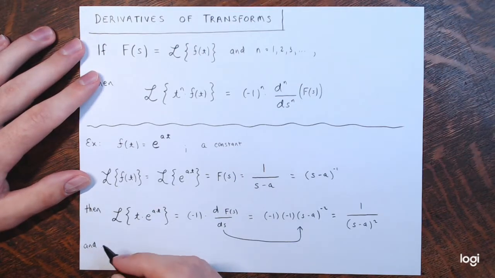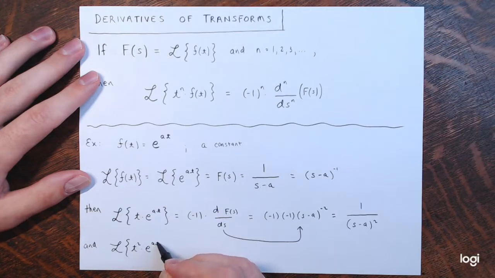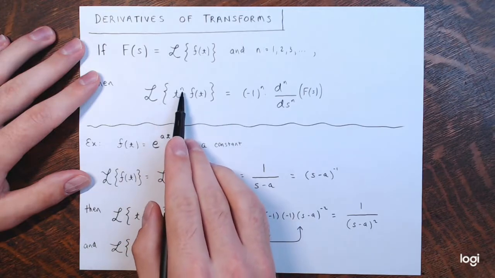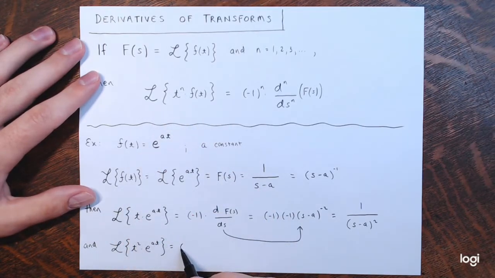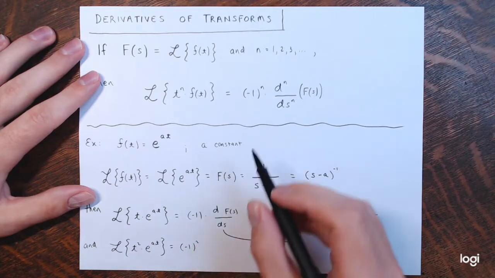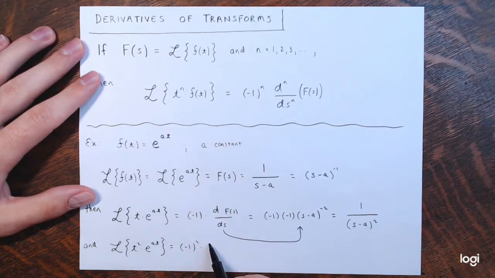I could keep going with this, the Laplace transform of this function, say t squared times e to the at. Again, according to the rule, the value of n is 2 here. This would be negative 1 squared, negative 1 to the nth, times the second derivative of F of s with respect to s.